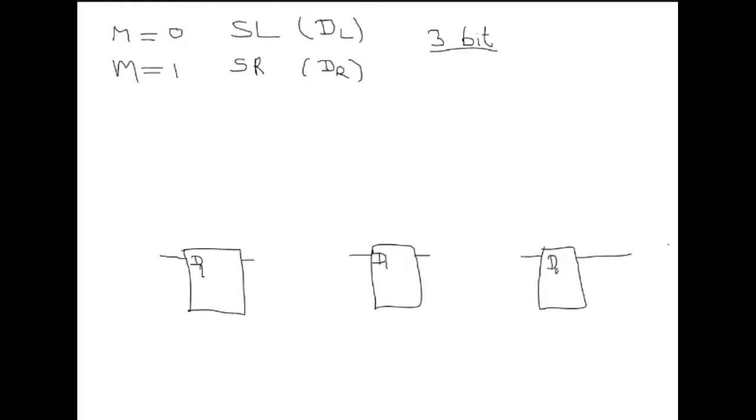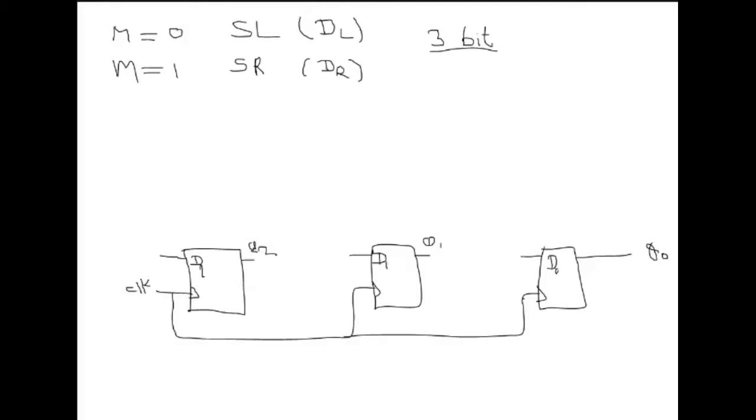So Q0, Q1 and Q2 are the outputs of these flip-flops. All 3 flip-flops are clocked by a single clock pulse, and all these 3 are positive edge triggered.